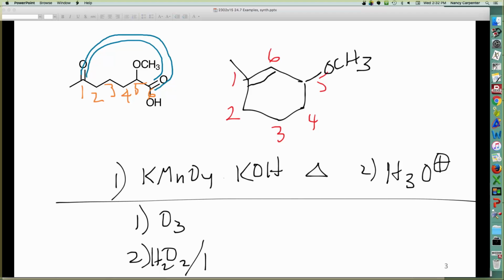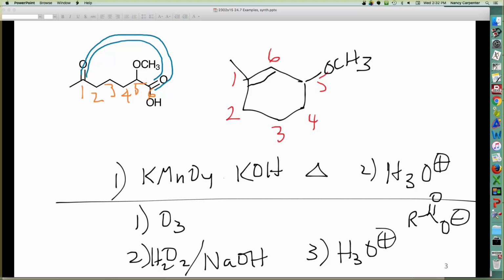And again, that's under basic conditions, so we would have to add H3O+ to go from the deprotonated carboxylic acid to the protonated carboxylic acid. All right, so that is how I can envision using ozonolysis to make a target molecule that has carbonyls in it.